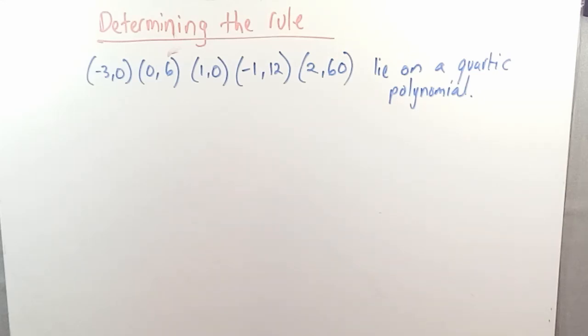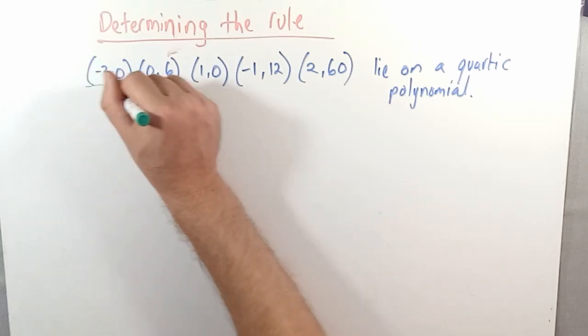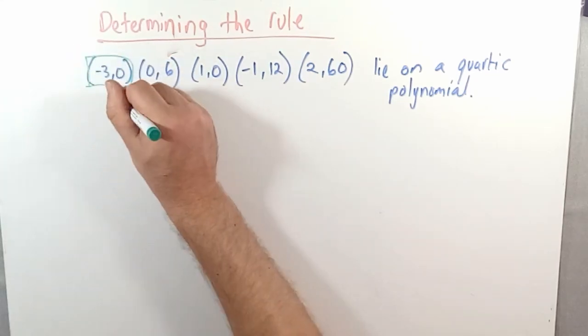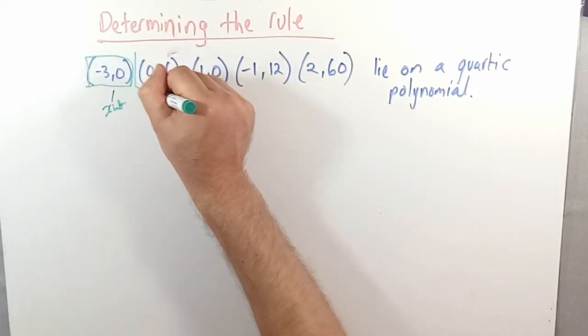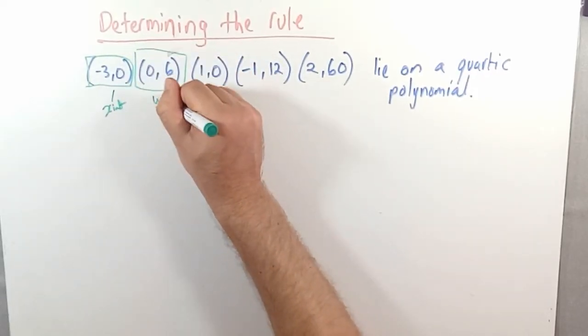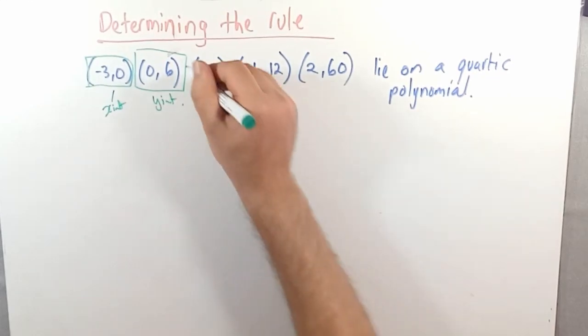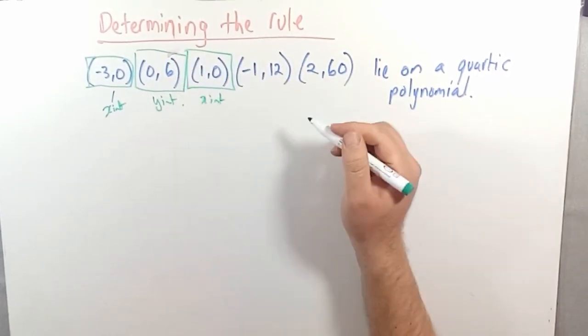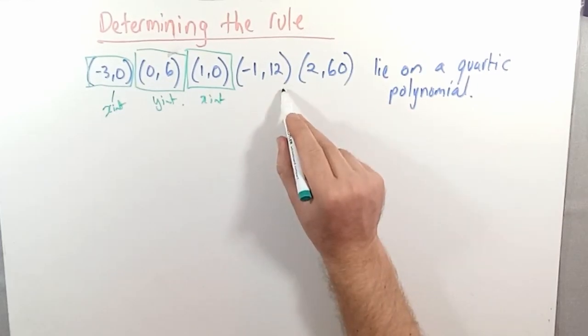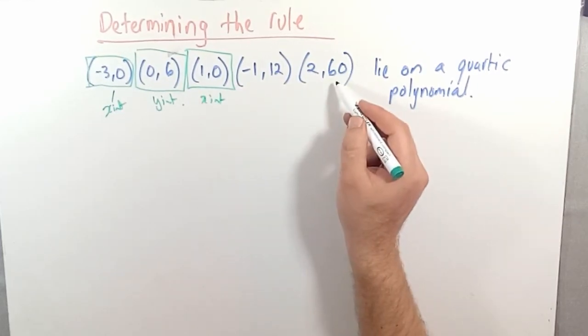What's special about them? Okay, so this one is an x-intercept. Perfect. That's a huge clue. This one, y-intercept. Perfect. Another huge clue. Another x-intercept. Perfect. This one, just a random point. This one, just another random point.